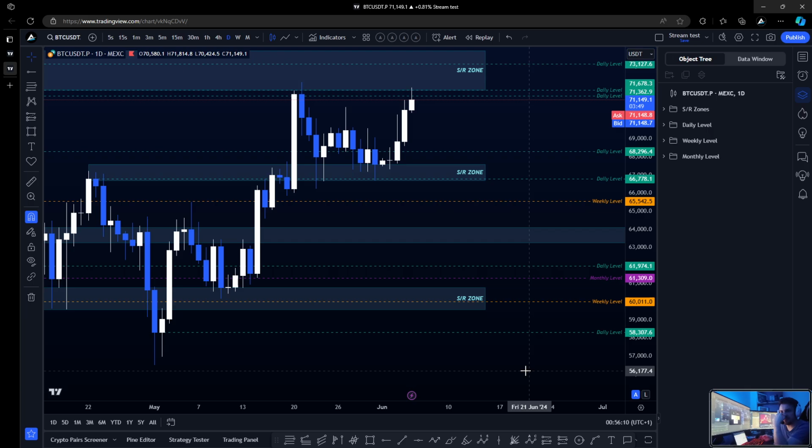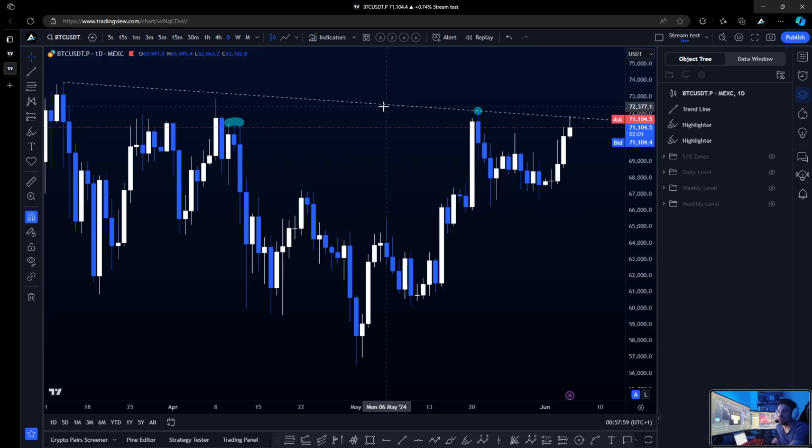The simple touch of the trend line can mean that we're now going to reverse and go back to a support zone. None of this is ever certain, and trend lines are drawn in very different ways. For example, Andre, I know he likes to try and include as many touches as possible, so we would have to include that. So in that sense, we are already a little bit above that.